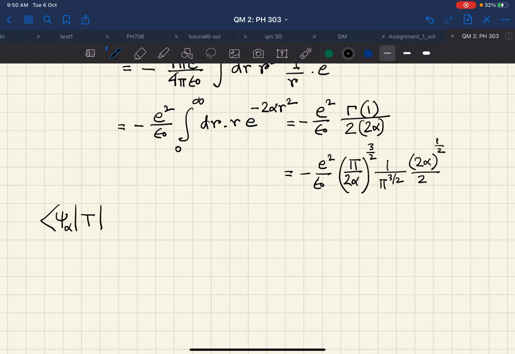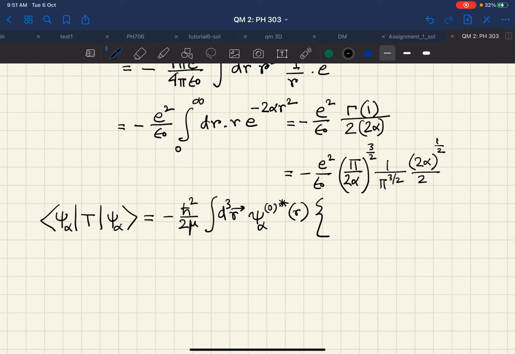So finally, what if we calculate the kinetic energy expectation in this trial wave function state? This is minus h cross square by twice mu, integral d3r psi alpha 0 star r, and then remember we are doing it in spherical polar coordinates. So this is going to give us 1 by r square d/dr r square d/dr psi alpha 0 r.